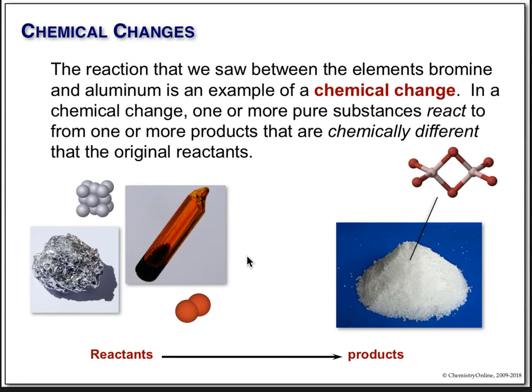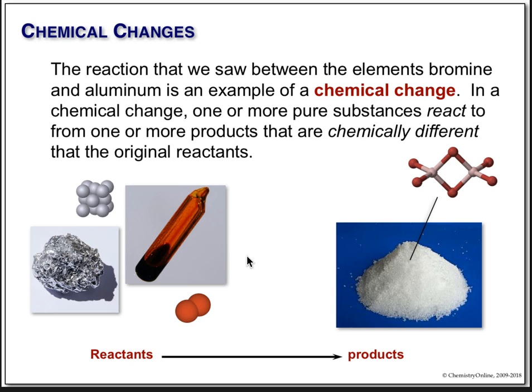In chemistry, we're going to show this process, the process of a chemical change, as a chemical reaction. In a chemical reaction, we will have reactants on one side, products on the other, and an arrow.